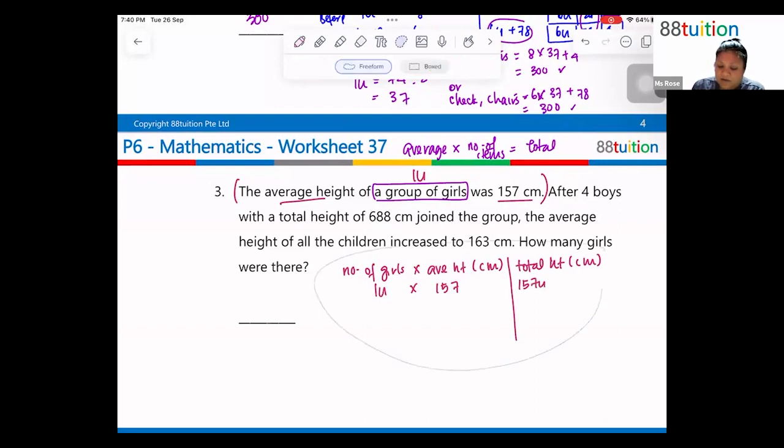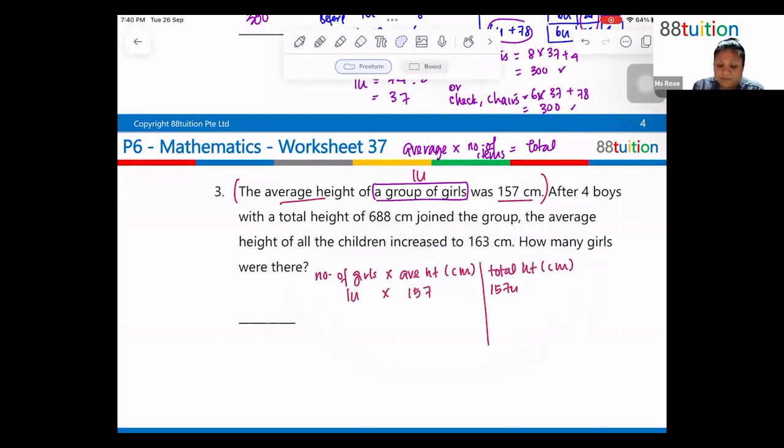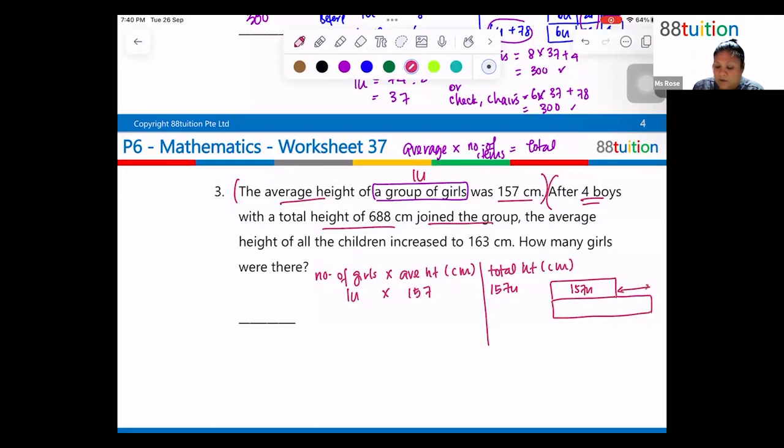Okay, now, so from here, after 4 boys with a total height of 688 join the group, that means from here we have 157 units, then plus 4 boys with a total height of 688 join the group.